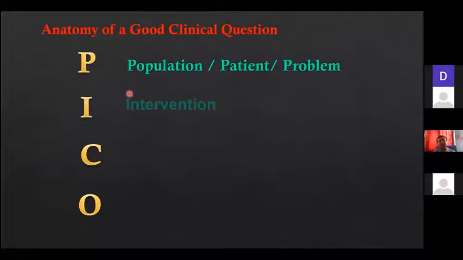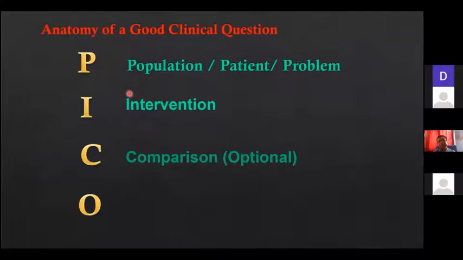I is for the intervention. The intervention here might be, say, a new treatment modality which you want to check. Next, C is comparison, which is optional, which is the present conventional treatment option available. And O is the outcome, the result you want to achieve.